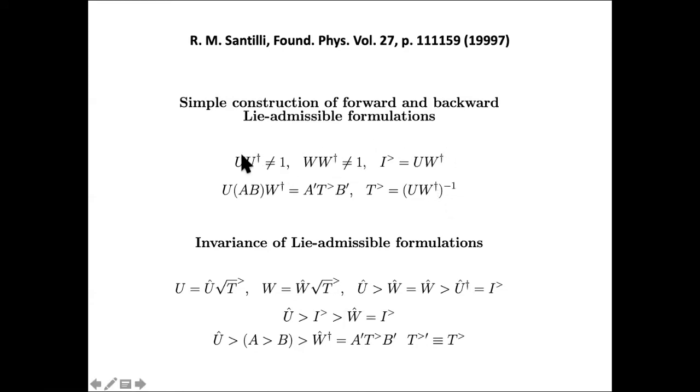This method essentially requires two non-unitary transforms, U and W, and then identifying the forward Gano unit according to this expression as the product of the non-unitary transform U multiplied by the Hermitian conjugate of W. Then, once this identification is done, each and every part of a quantum mechanical model can be uniquely and unambiguously mapped into a Lie admissible form.